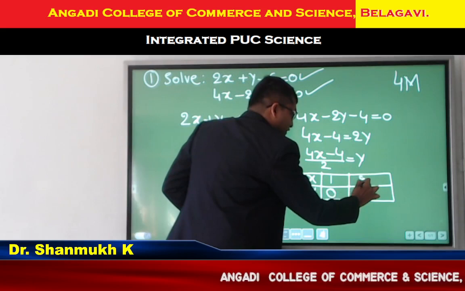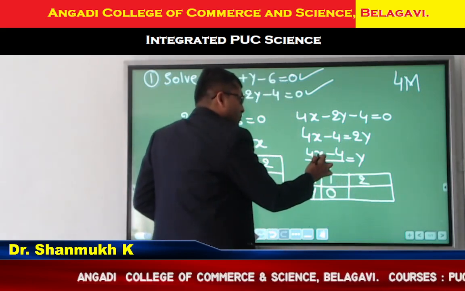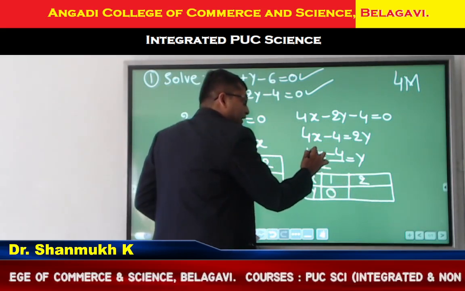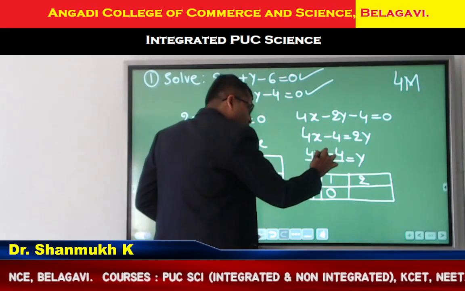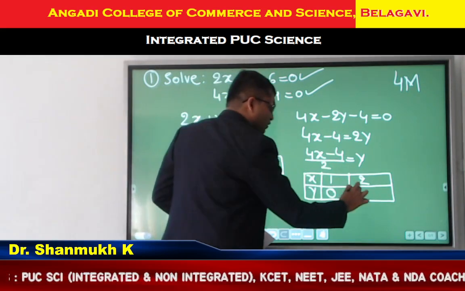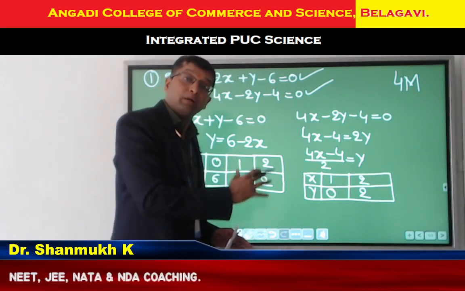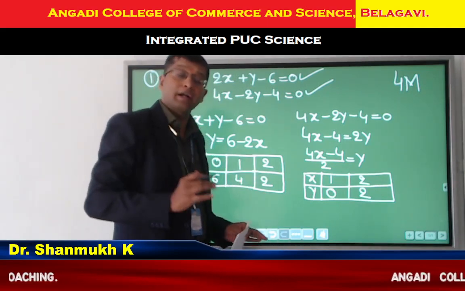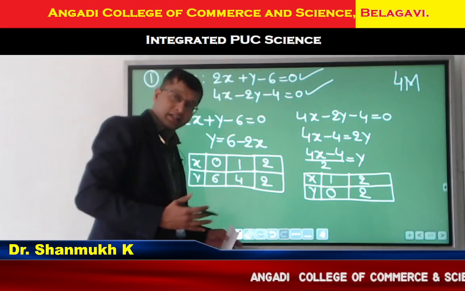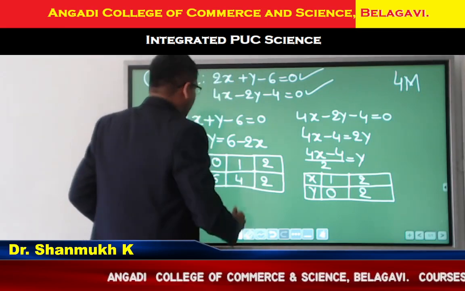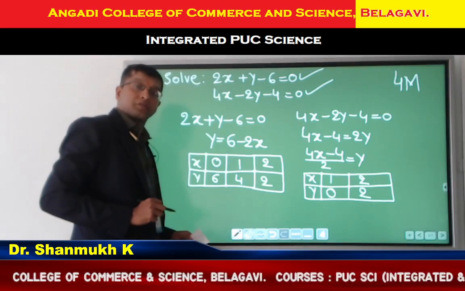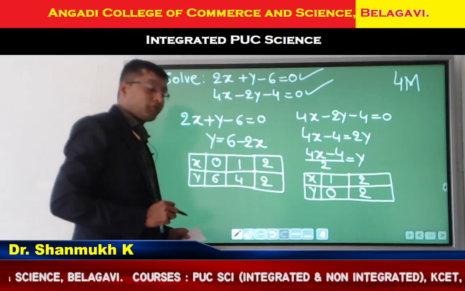I am going to take x as 2. 2 into 4 is 8, 8 minus 4 is 4, 4 divided by 2 is 2. So these are the two tabulated values. Minimum 2 are required; maximum you can take any number. Now, taking these values, we need to draw the graph.